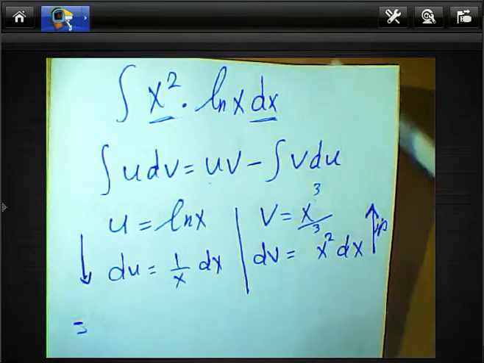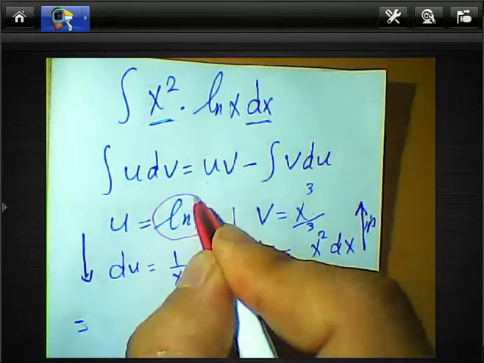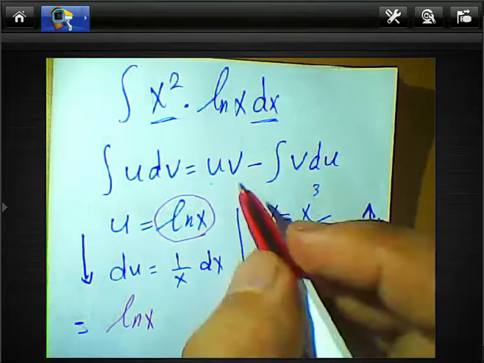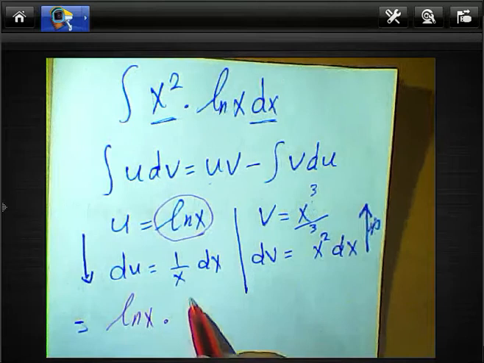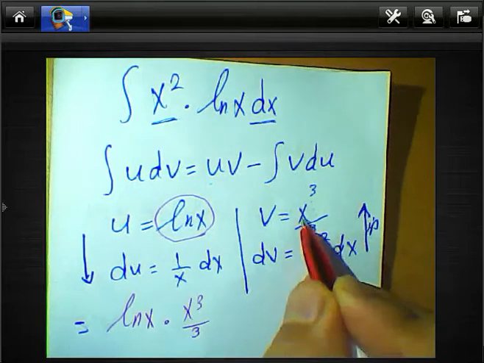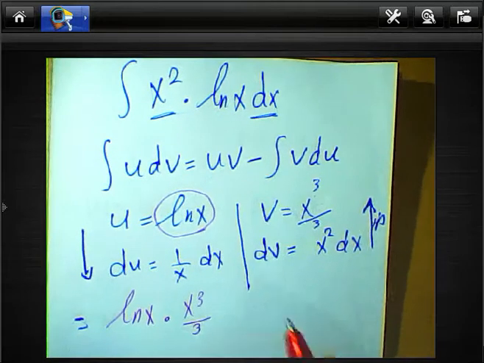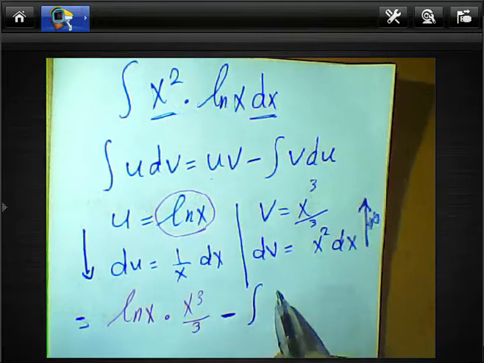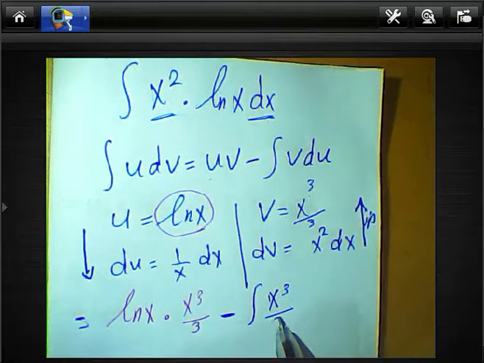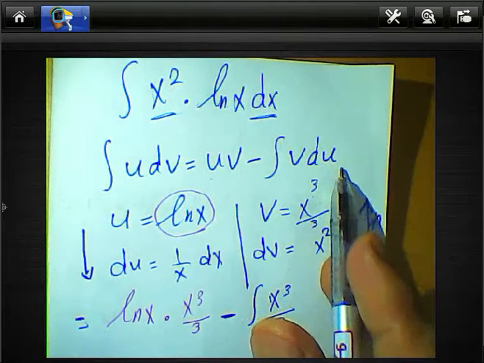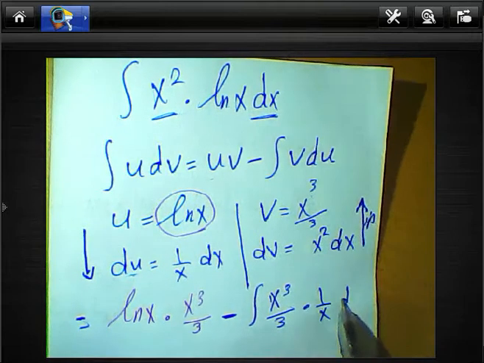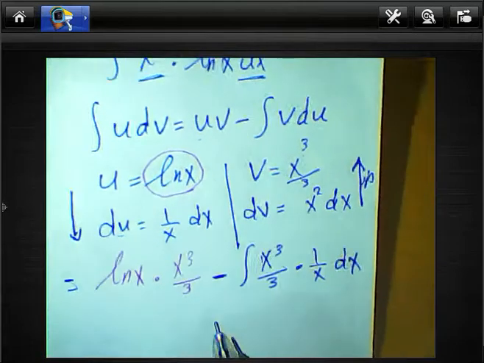We know u was ln of x, so we can write ln x multiply by v, which was x power 3 over 3. Complete, subtract the integration of v, x power 3 over 3, du, where du equal 1 over x dx.